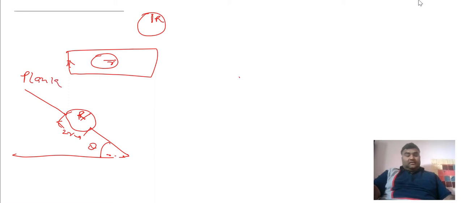Now we have to find the maximum value of theta so that the football does not start rolling down.